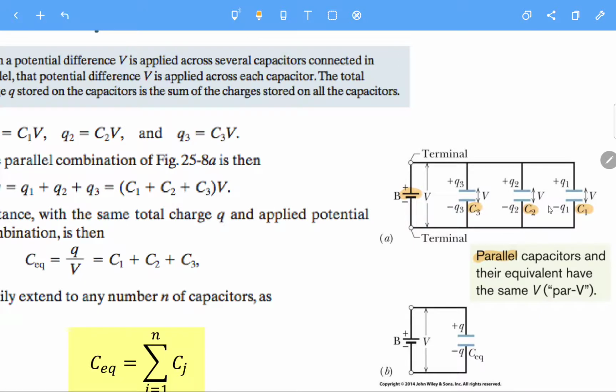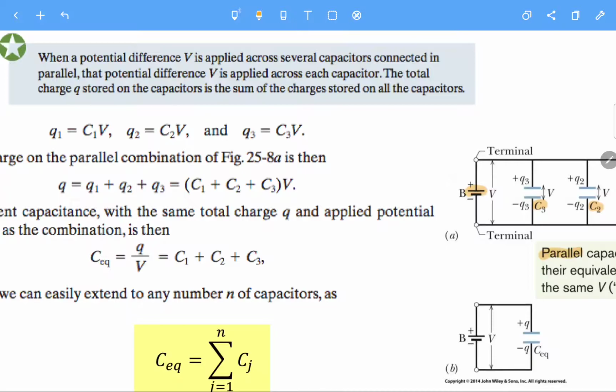And of course, C1, C2, and C3 might not be equal to each other, so the charge on each plate might be different. So we denote them as Q1, Q2, and Q3.